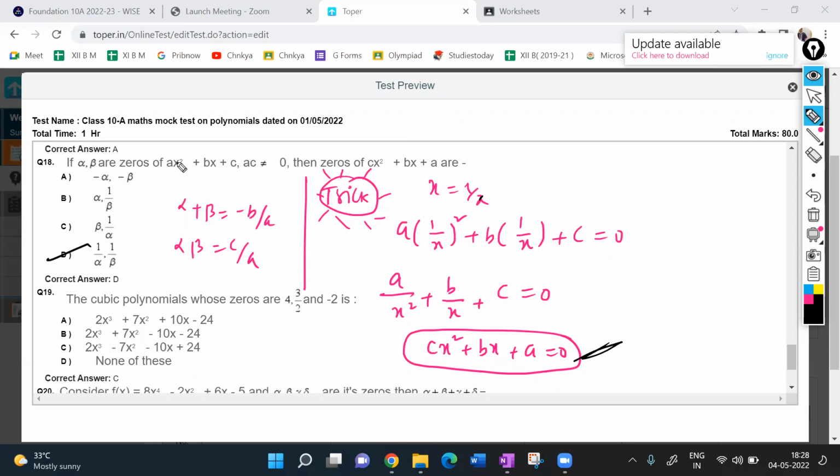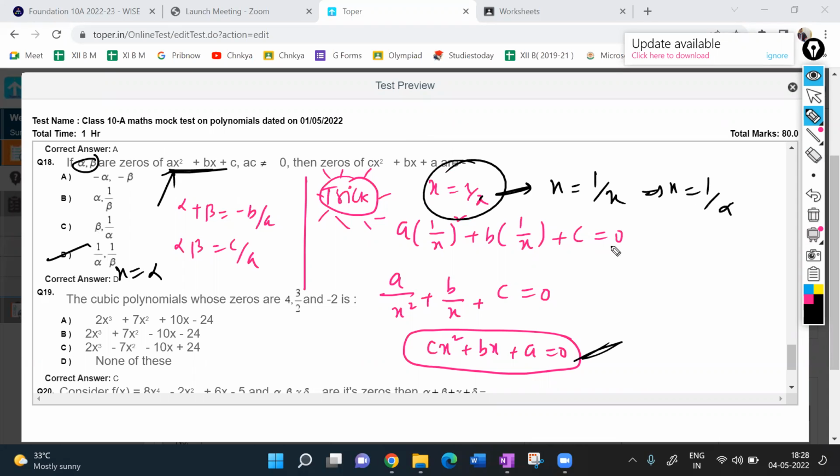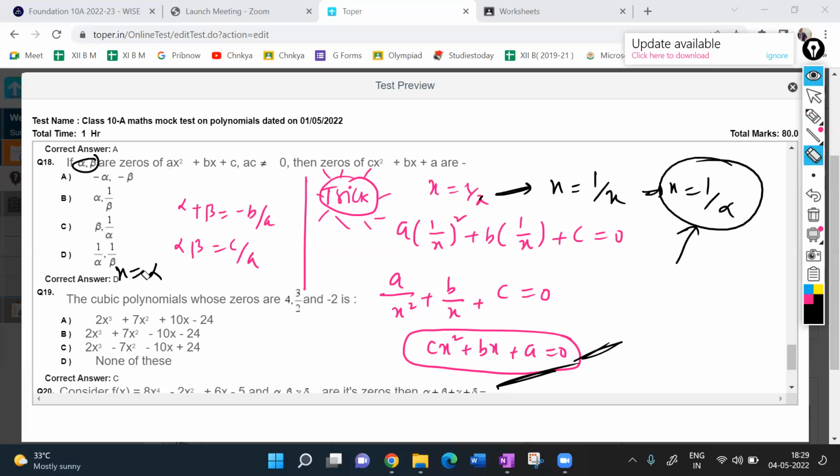Why? Because alpha and beta are the zeros of this one. So if x is equal to alpha, I take here, beta here, and I'm taking x value as 1 by x, so the value of x will become 1 by alpha. Isn't it? Then 1 by alpha is the root of this particular one. Common sense, isn't it, children? Getting my point? Are you understanding what I'm trying to say here?